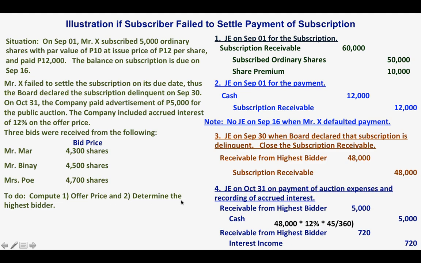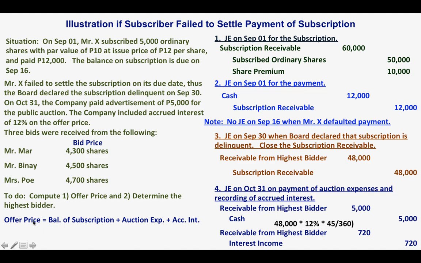Second, we have to determine the highest bidder. We received three bids, but which of these persons gave the highest bid? Let us first compute the offer price. The offer price is the balance of subscription plus any auction expense plus accrued interest, as stated in the problem.